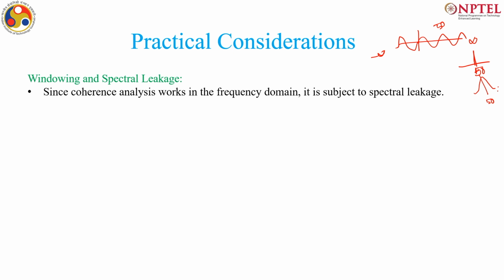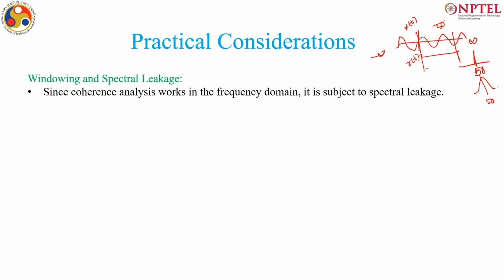And why does this happen? This is called the windowing effect. We are taking a window, meaning a small region of this sine wave, not the full sine wave. So, if the sine wave is x of t, this window is basically multiplying with a rectangular function which has 1 within this range and 0 outside.